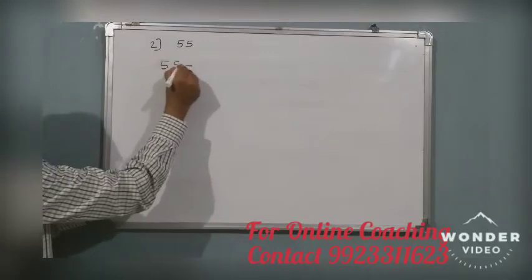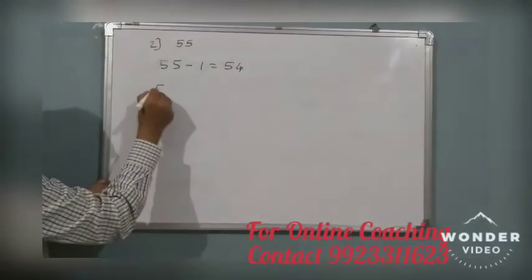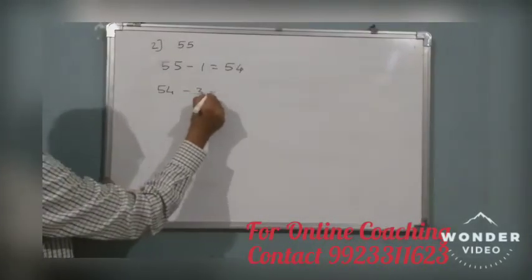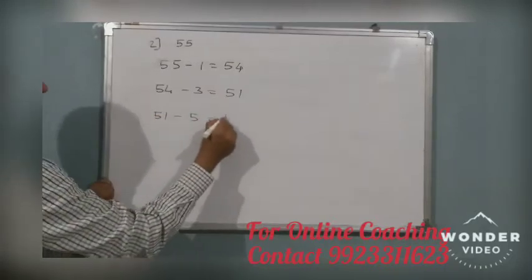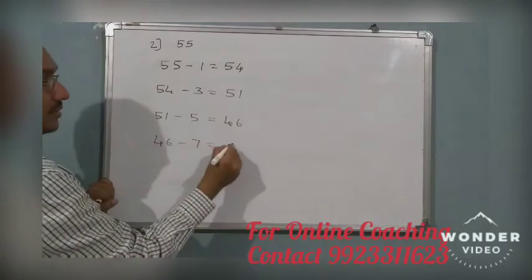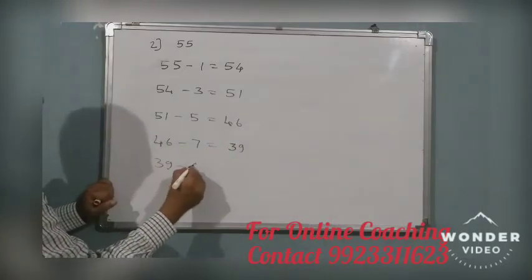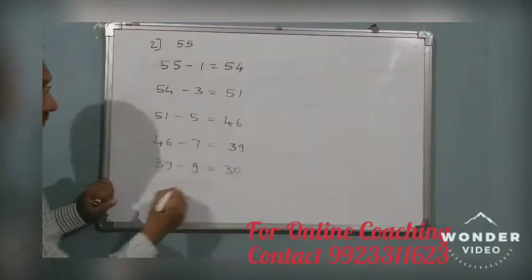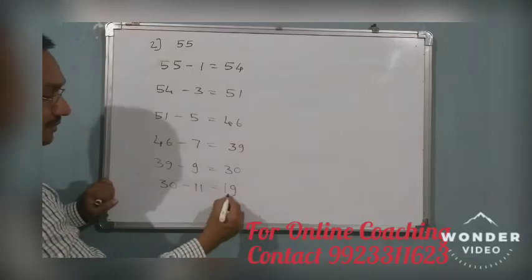55 minus, what will we do first? That would be minus 1, that will be 54. 54 minus 3 is 51. 51 minus 5 is 46. 46 minus 7 is 39. 39 minus 9 is 30. 30 minus 11 is 19.